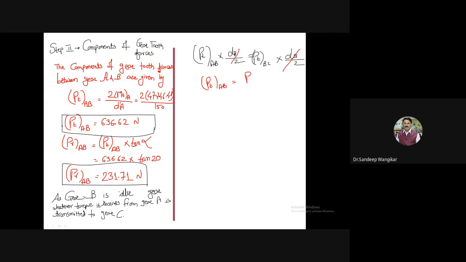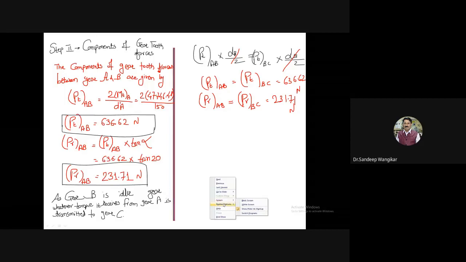we can clearly say that PTAB is equal to PTBC, and therefore PRAB is equal to PRBC. As PT is the same, PR will also be the same. So I will mention the values also: 636.62 Newton and 231.71 Newton.